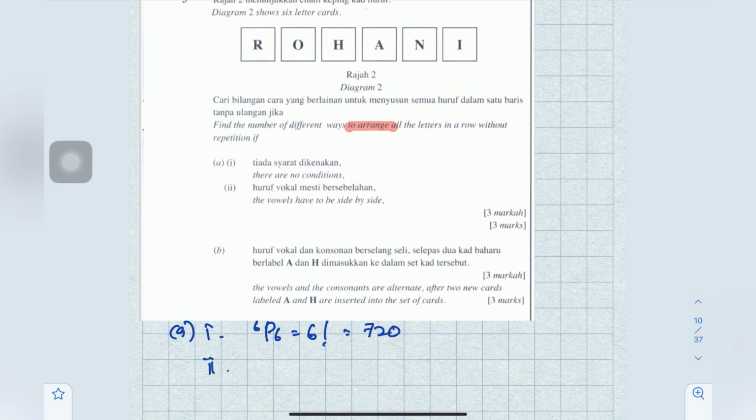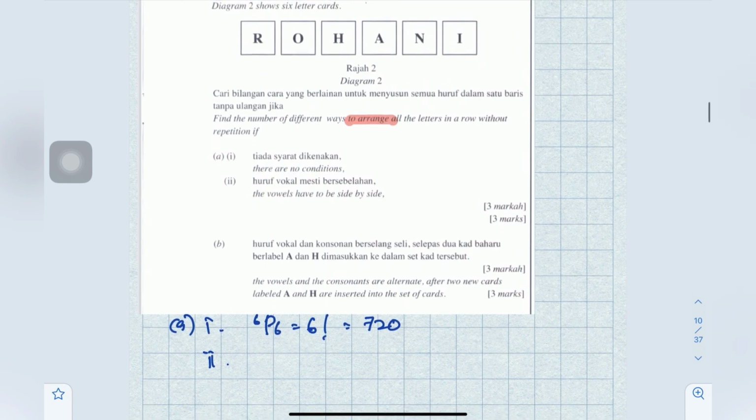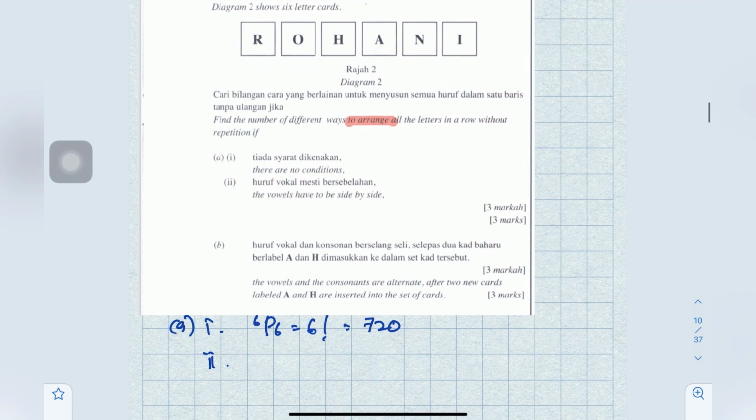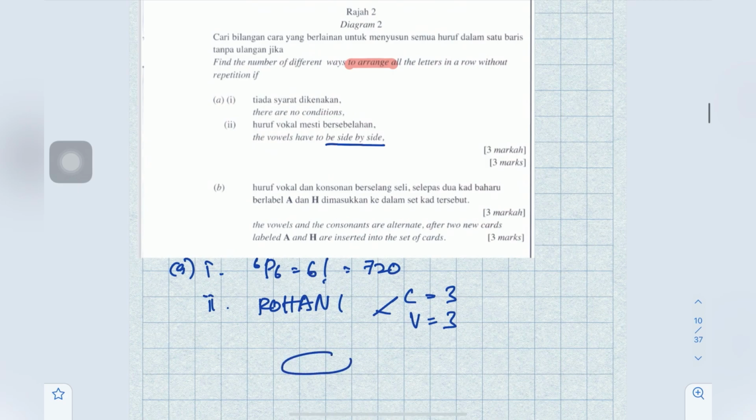Okay, the second one, the vowels have to be side by side. Side by side means grouped together or next to each other. So we have ROHANI. Consonants are 3, vowels are 3. We want the vowels side by side, so we seat the vowels together. There are 3 letters, so 3 factorial.